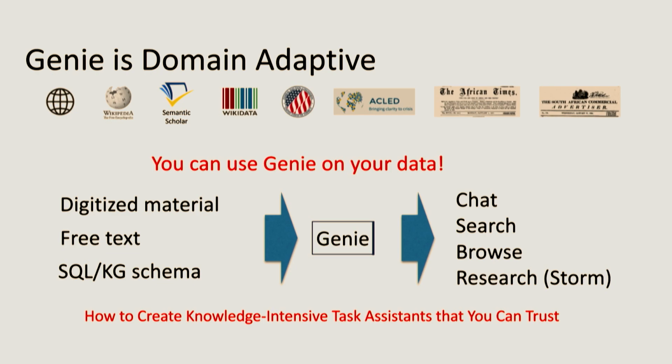So that has been the focus in our group, which is a little bit different from a typical company where they look at their corpus and build the assistant to their corpus. So you're going to hear about how we do that, and we have applied it to a bunch of knowledge sources from the internet: Wikipedia, Semantic Scholar, Wikidata, FEC data, the ACLED data, and newspapers like the African Times and the Commercial Advertiser.